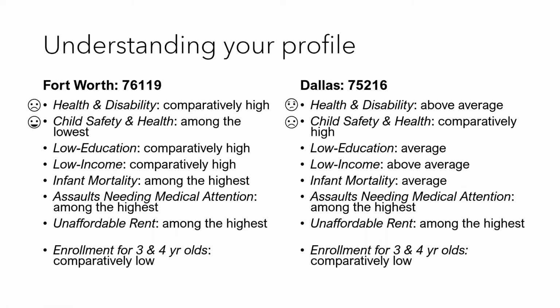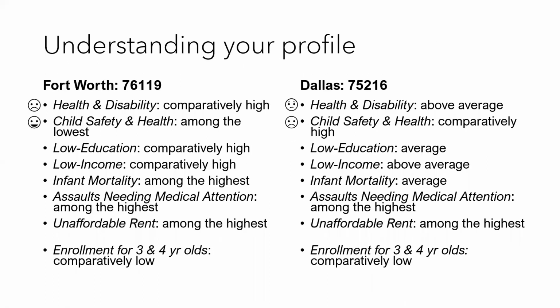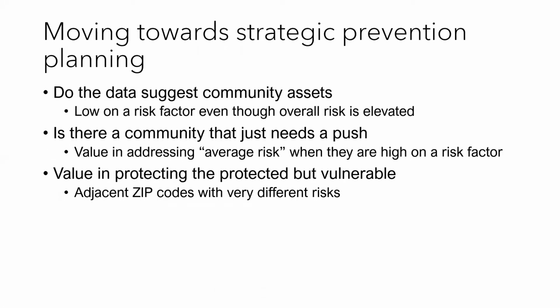The other thing to think about is that we often focus on communities, like the two communities I have here, that really need a lot of intense resources. But an important thing to think about is whether there's a community that just needs a push.